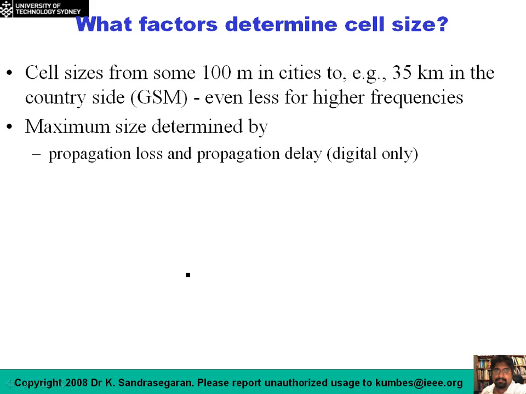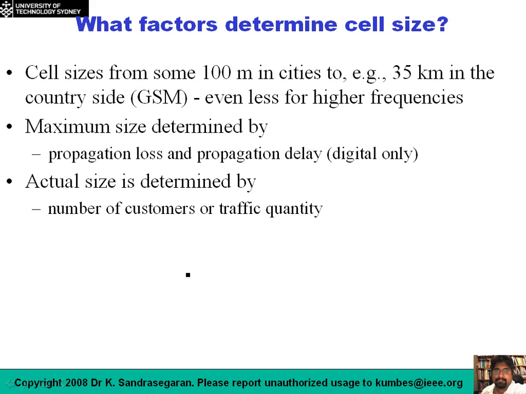So there's a receiver threshold associated with each mobile, and once you go below that threshold, the mobile will not be able to decipher the message that is sent. The other aspect is also propagation delay. In some cellular networks, there is a maximum delay that can be tolerated by the network. For example, in the case of GSM, because we use something called timing advance, there is a maximum distance associated with the cell size.